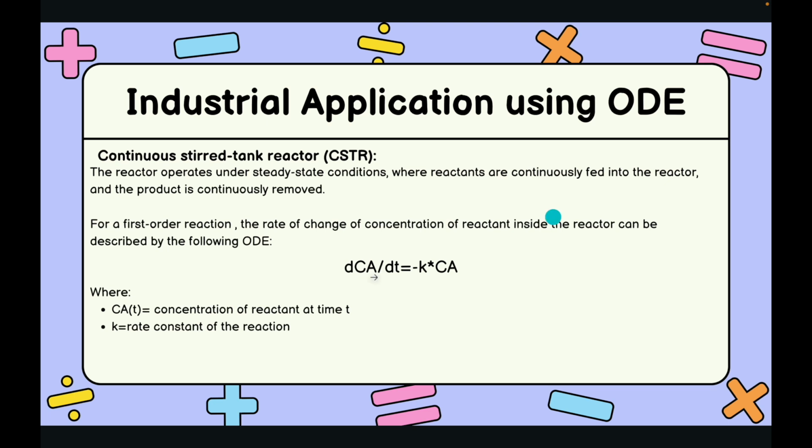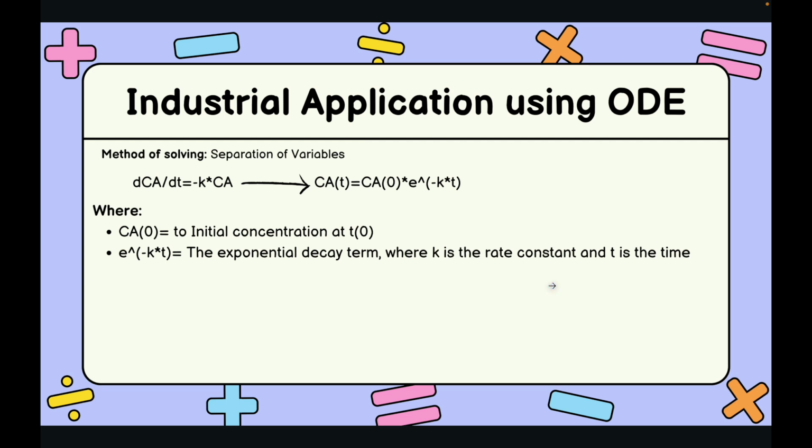This equation is for this modeling, where C_A(t) equals the concentration of reactant at time t, and k is the rate constant of the reaction. So to solve it, you use separation of variables, and then you'll get this certain equation.